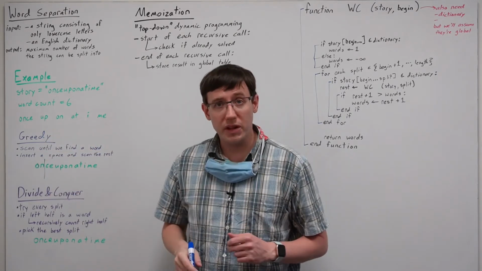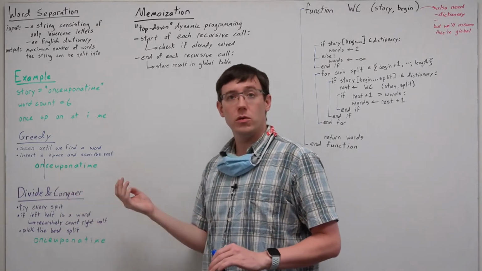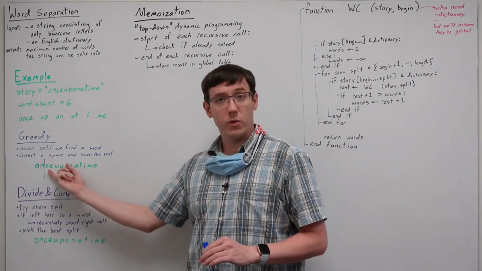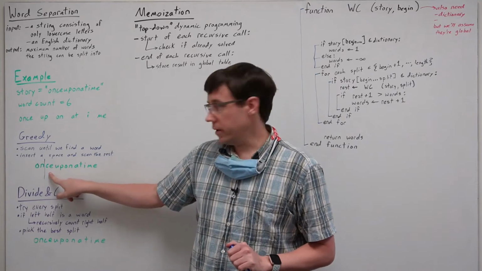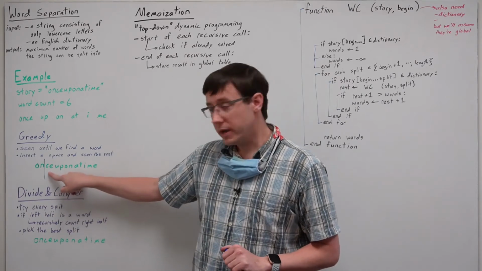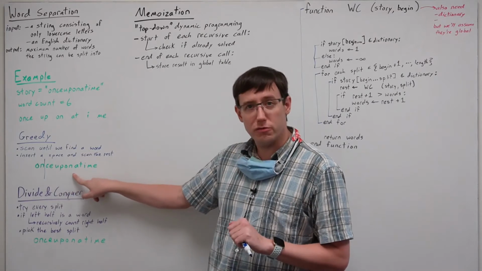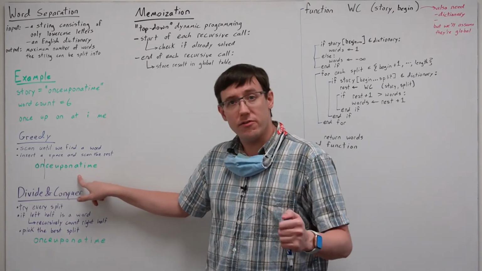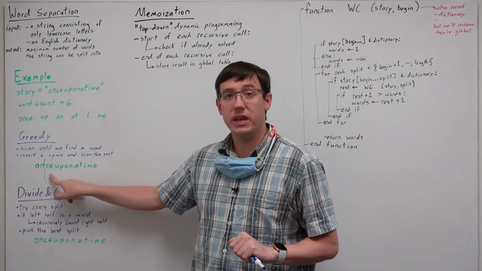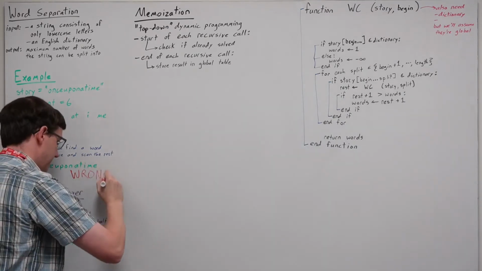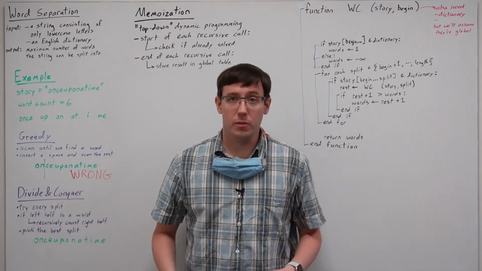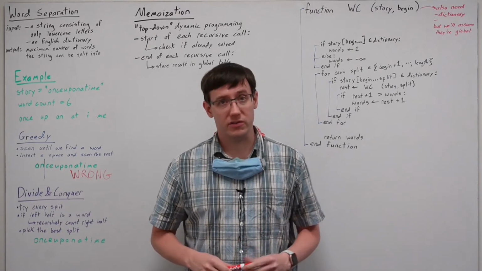We would then split the string and continue looking for words that begin with C. But C isn't a word, and CE isn't a word, and CEU isn't a word, and in fact, as we proceed through the remaining letters, we never find a valid word beginning with C. And so, our greedy algorithm doesn't actually give us a correct solution.